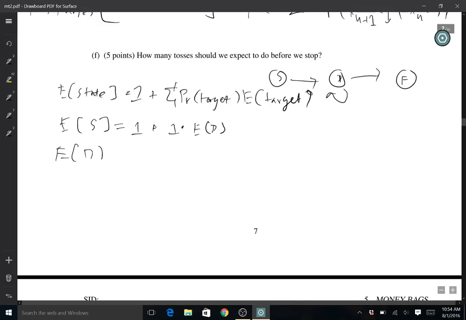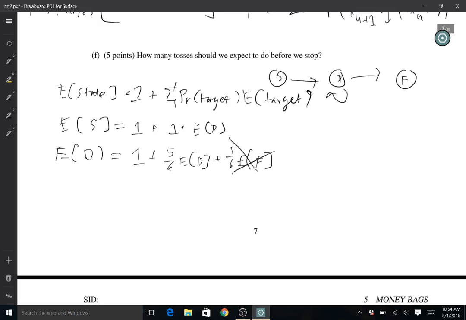Okay, I guess it's fine. So E of D would be 1 plus 5/6 E of D plus 1/6 E of F. These are the two targets, but actually F is the target, so E of F would be 0, because once you're at F, you're automatically there.